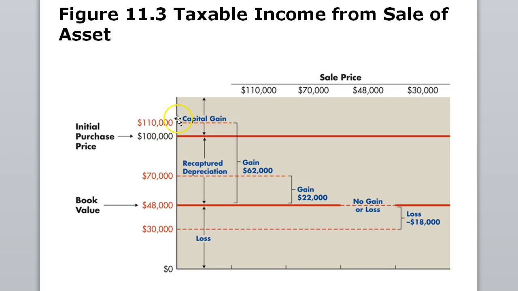If you sell it at $110,000, the capital gain is going to be from $100,000 to $110,000, and the recaptured depreciation is going to be the difference from the $100,000 to the $48,000, or the $52,000. If you sold it for $70,000, there'd be no capital gains, and the recaptured depreciation would be $22,000. So those are just different scenarios to look at, these 4 different sales prices of the asset.